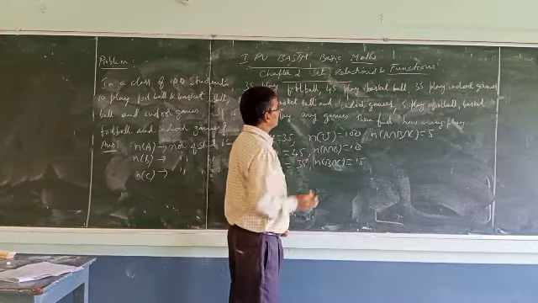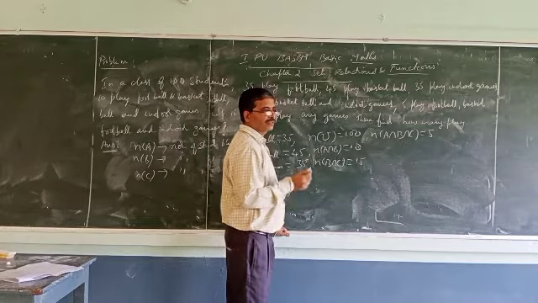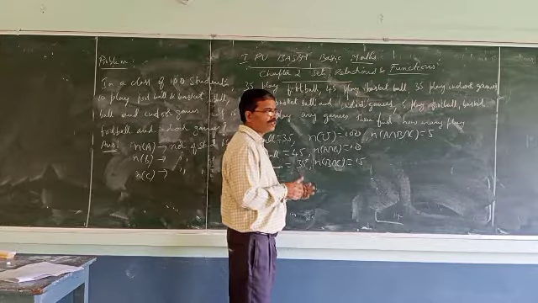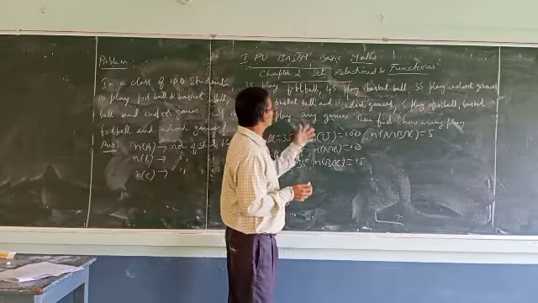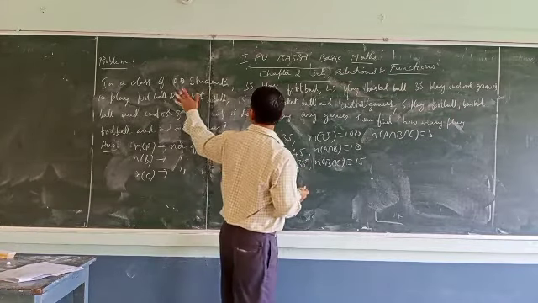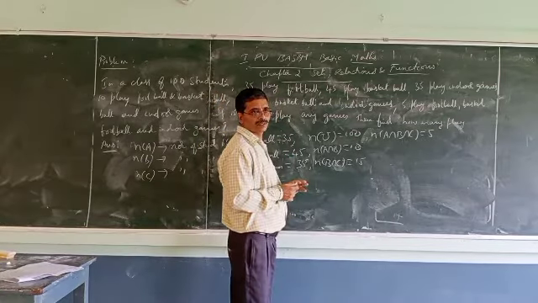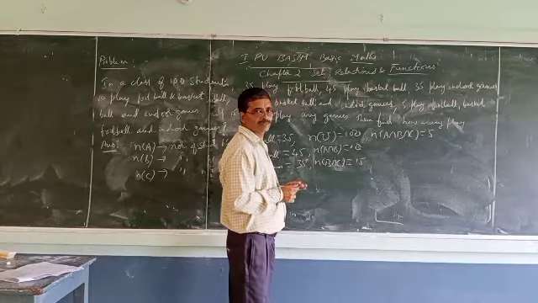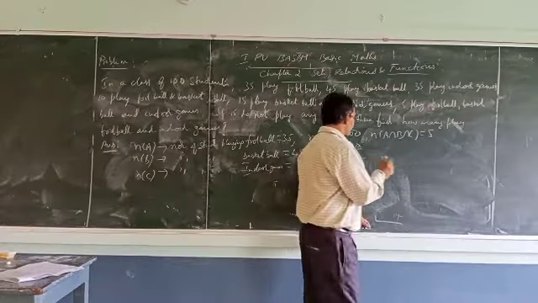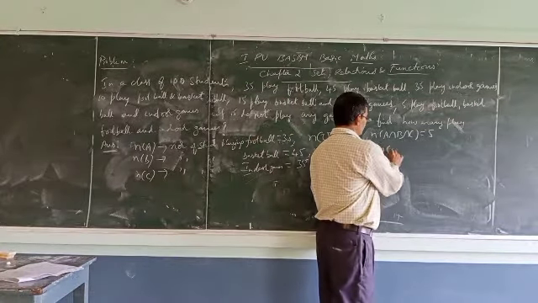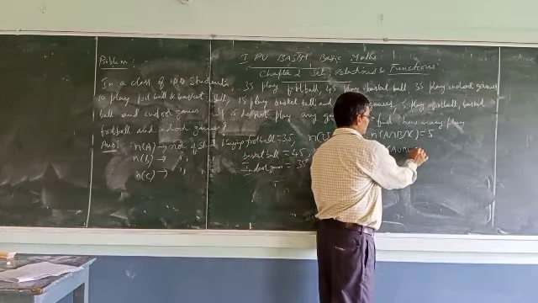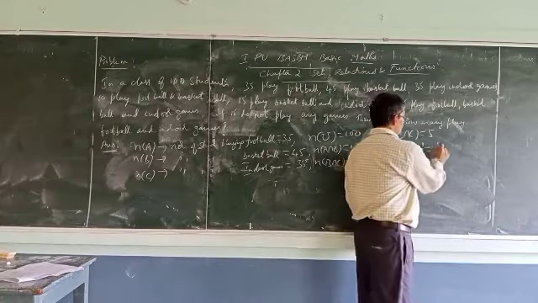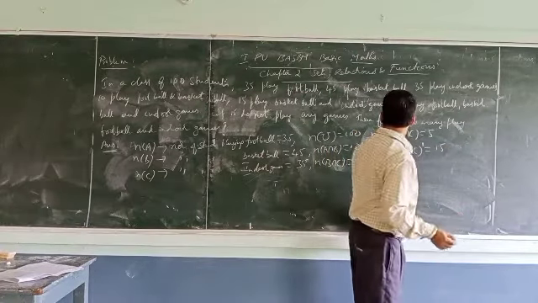15 do not play any games. So what is the meaning? How many play games, you can find from the total minus this one. That means N of A union B union C whole dash represents 15.